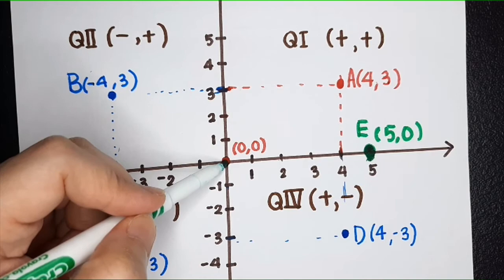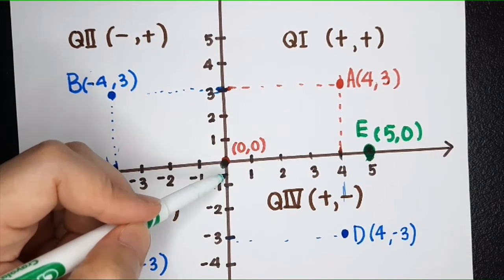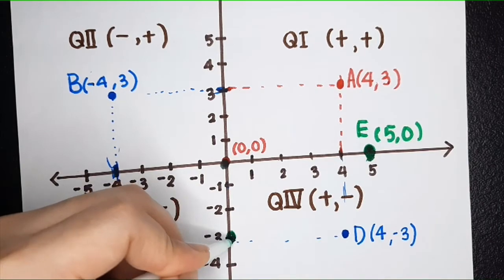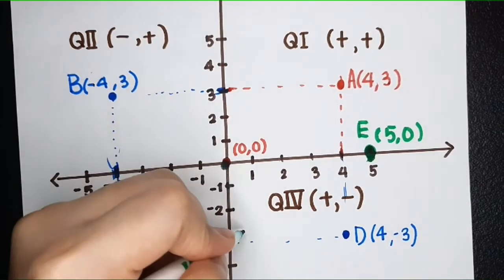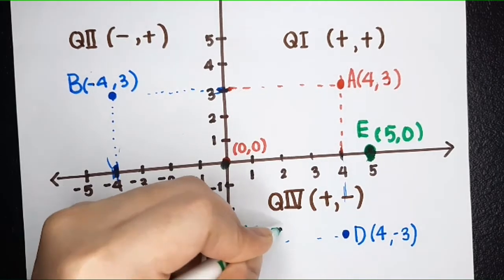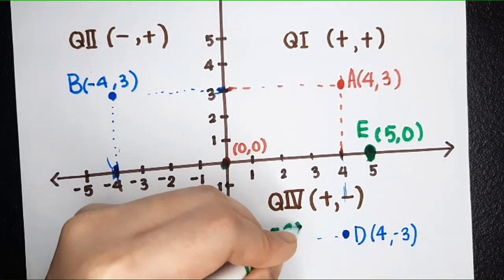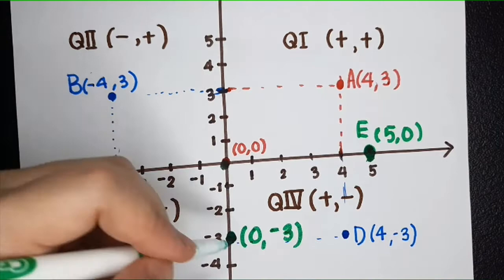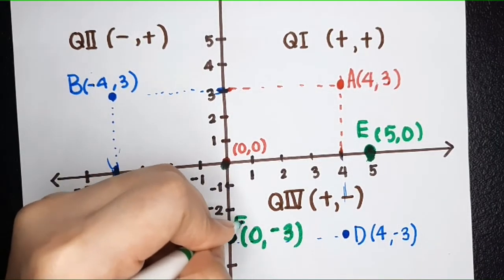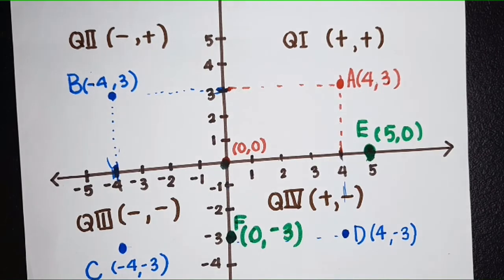So, 0 and then -3. 1, 2, 3. Here. Okay? This is the point 0, -3. Okay? You can also name this point. Let's call it point F.